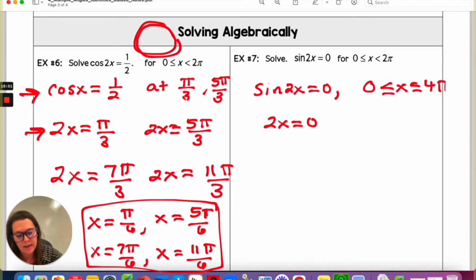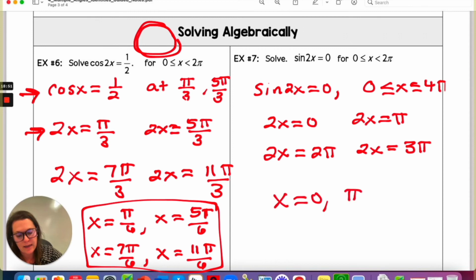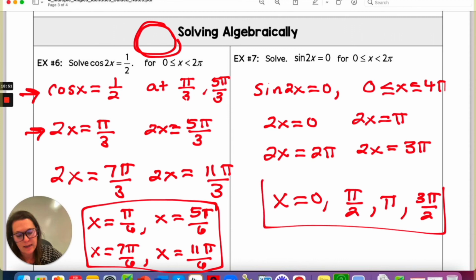Sine is 0 at 0. It's 0 at pi, so 2x needs to equal pi. It would then be 0 again at 2 pi, and then 0 again at 3 pi. So when I solve all of those for x, we get 0, pi over 2, pi, and 3/2 pi. Those would be all your values of x.